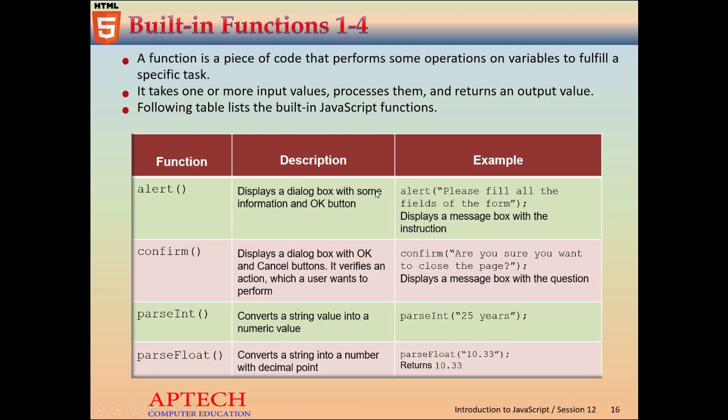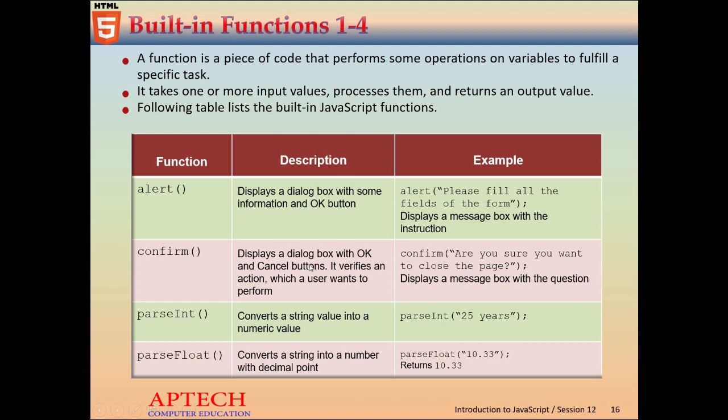Alert. It displays a dialog box with some information and an OK button. So let's say successfully registered. You want to give an alert message, or please fill in the requirement, please fill your form, some messages. So you can use the alert box. Alert, within the parenthesis, inside double quotes, you write your message that you want to display in the message box.